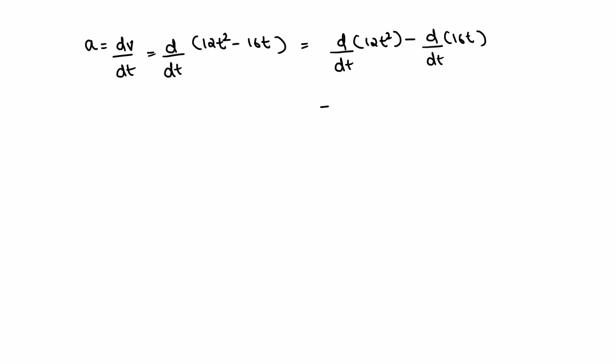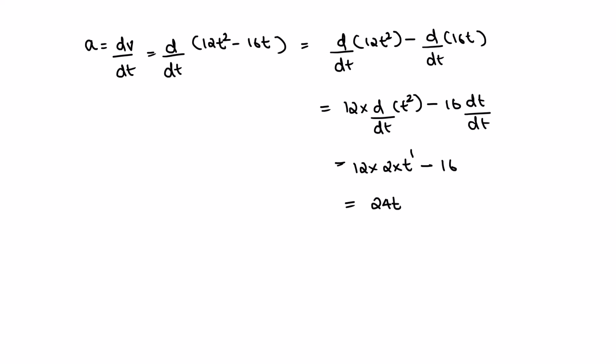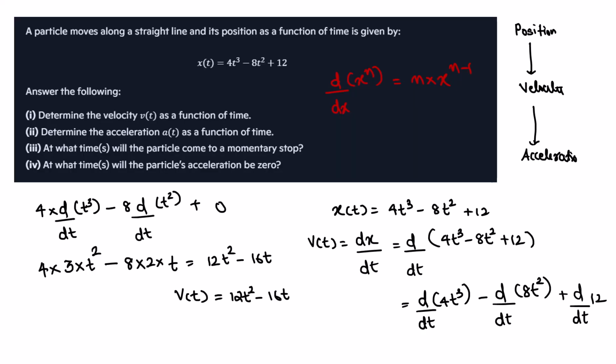Take 12 outside, so we get 12 into d by dt of t square minus 16 into dt by dt. The derivative of t square is 2 into t raised to 2 minus 1, that is t raised to 1, and dt by dt gives 1. That is 24t minus 16. So acceleration is equal to 24t minus 16.